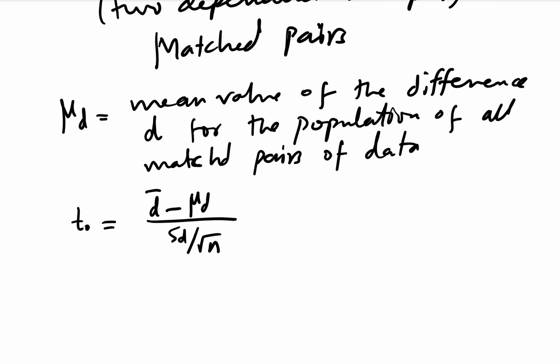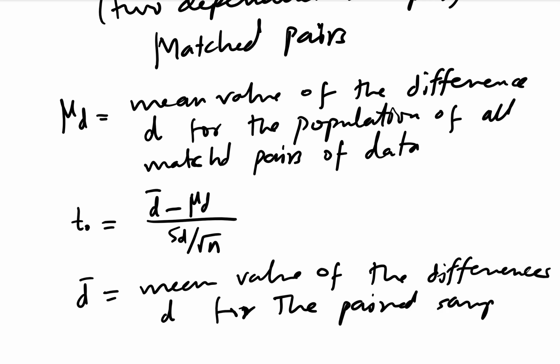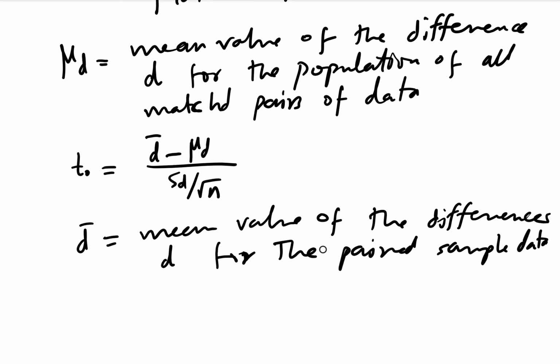So that's what mu d is, and d bar is the mean value of the differences d for the paired sample data. And n is the number of pairs of sample data, and sd is the standard deviation of the differences.